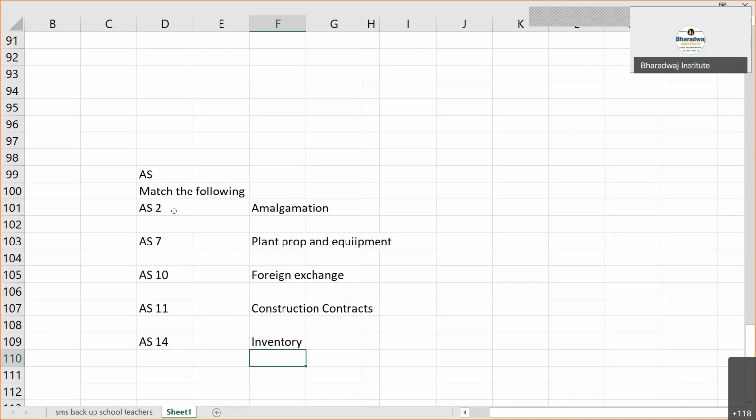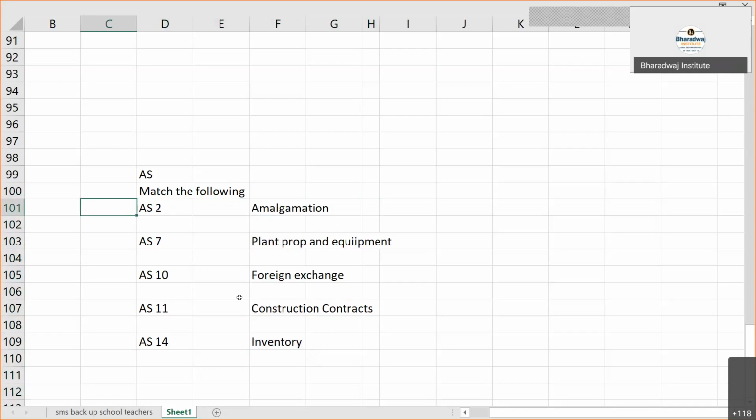Like this, match the following questions can be tested. So it will be like options, 1, 2, 3, 4, 5, and you have to just match the proper option and choose the answer.